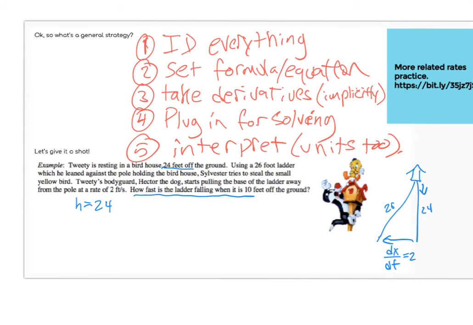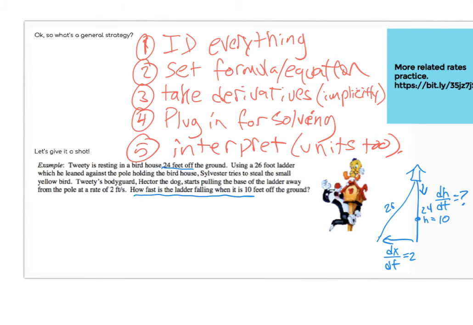We actually don't need that initial height because we only care about this when h equals 10, and we're looking for the change in height of the ladder. Okay, so I'm going to get rid of that for a second.